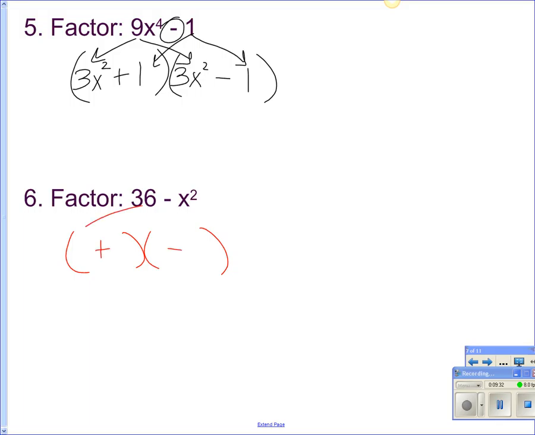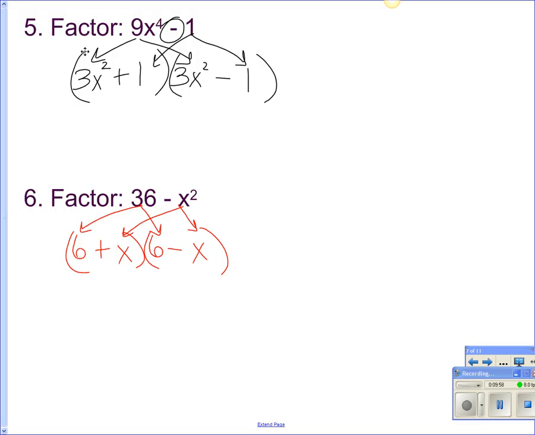Andrea, how does 36 split? What times what? Good. Guys, notice I'm putting 6 in the front because 36 was in the front. Zaria, how does x squared split? X and x. Okay. So x was in the back on this one, so I put it in the back. All right, any questions?